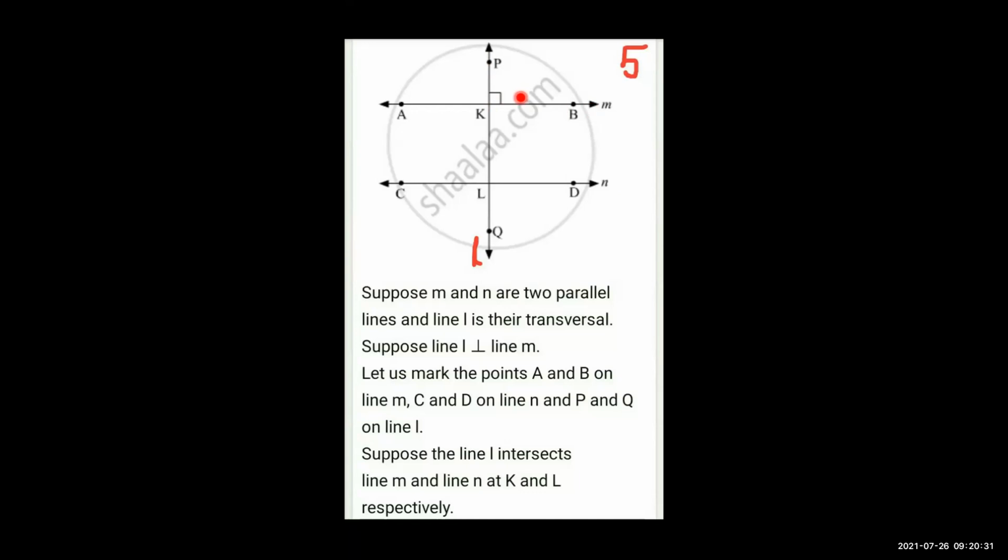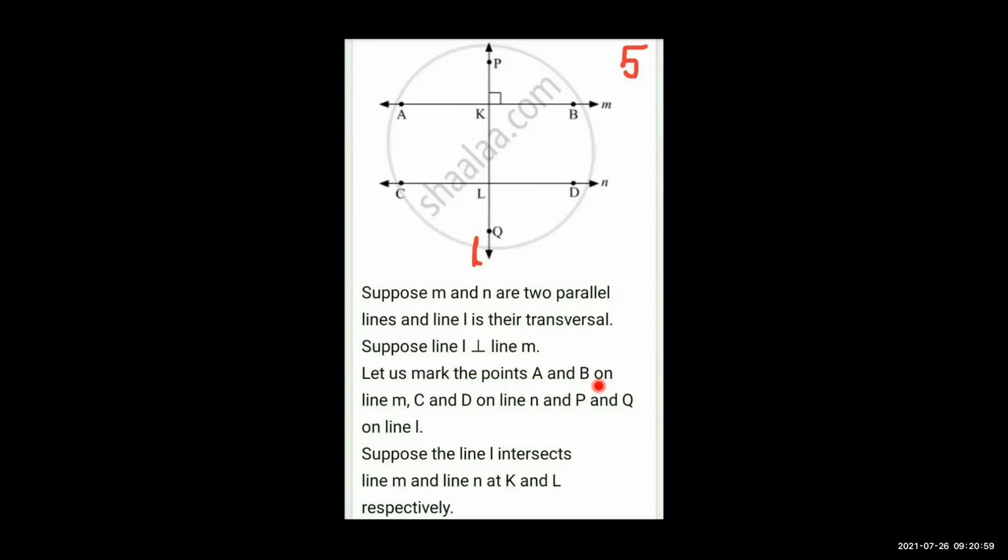The symbol indicates 90 degrees, which means it is perpendicular to the first line. Now we have to show that angle KLD is also 90 degrees. Then it is also perpendicular to line N.